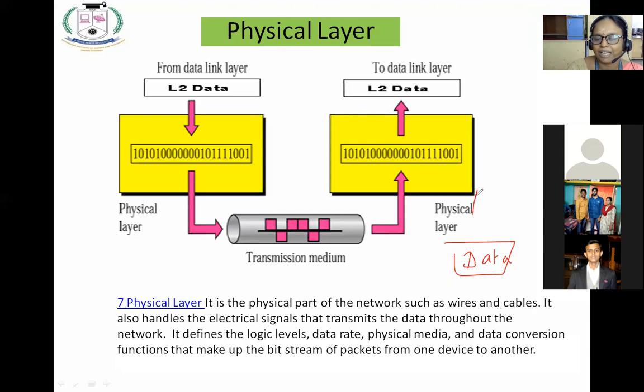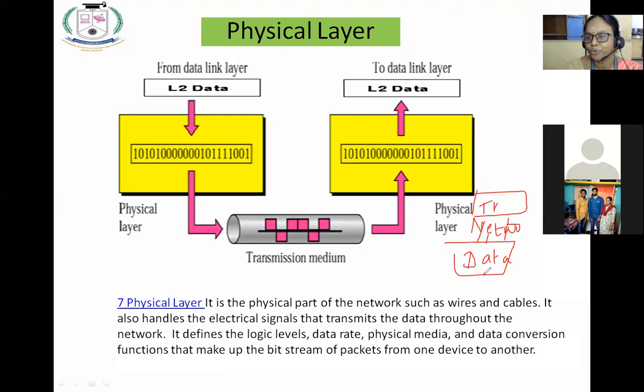There is the data link layer, and there is the network layer and the transport layer. The network layer is the interface between the transport layer and the data link layer. But here, there is no interface layer, only the transmission medium.